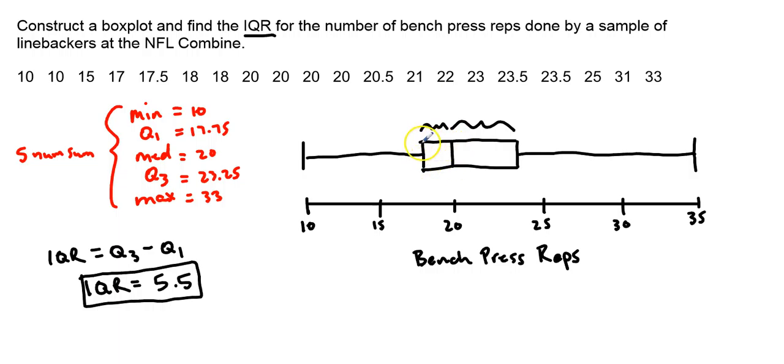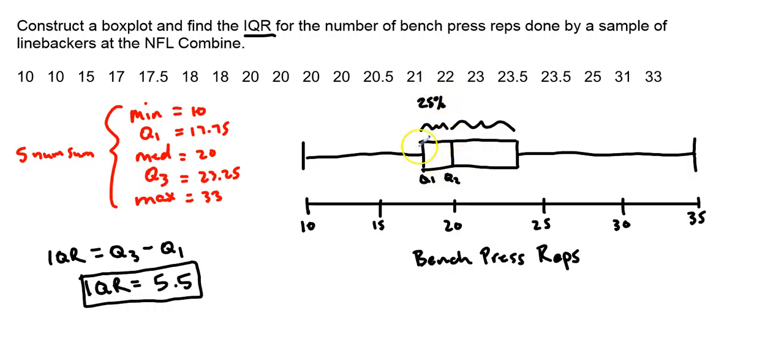And it's indicated on my box plot. What this does not mean is that there are less data points in here. Remember, this is 25% of the data that falls within here. That's the definition of what my quartiles represent. So quartile 1 and quartile 2 are median. There's still 25% of the data on the box plot.